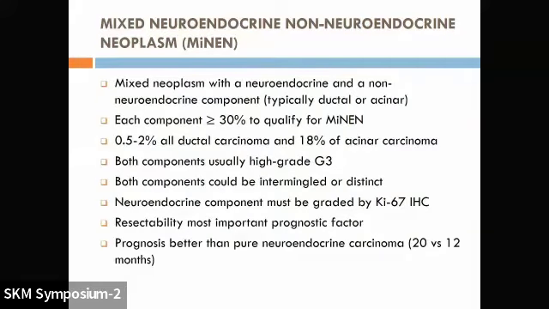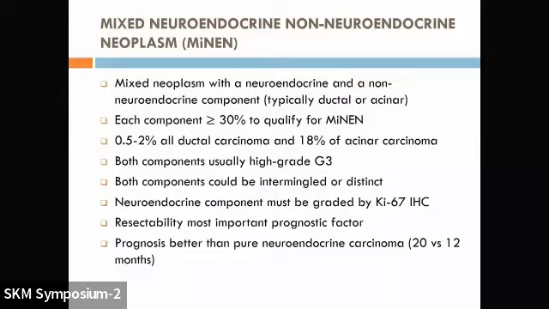And although we have seen only a few cases, I will tell you from my experience that most of the time, the non-neuroendocrine component is actually an acinar cell carcinoma. The high-grade component is usually large cell neuroendocrine carcinoma. And both these components can be distinct or they can be intermingled, as we saw in our two cases, where in both cases, the glandular components were intimately associated with the neuroendocrine component.